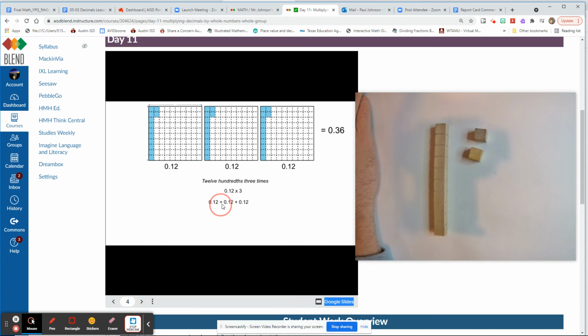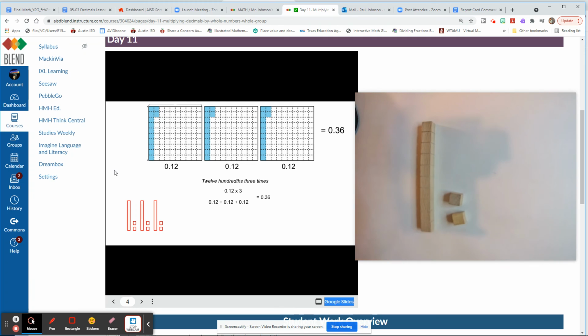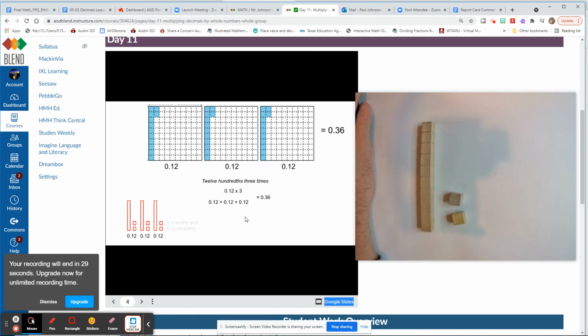And remember, multiplication is essentially repeated addition. So 12/100ths plus 12/100ths plus 12/100ths. And if we created it with our base 10, as you can see, it's 3 groups of 12/100ths, or 3/10ths and 6/100ths.